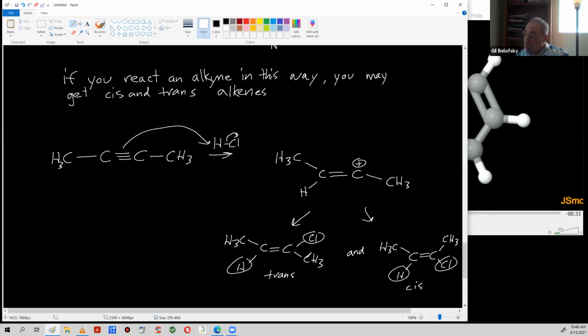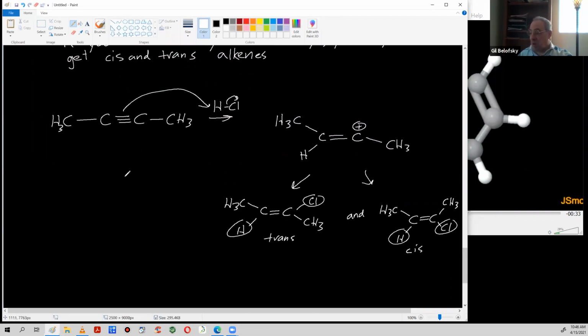So the two methyls are trans to each other. The chlorine and the hydrogen are trans. Here, the two methyls are cis. The chlorine and the hydrogen are cis. You have to do a little more explaining when there's more than one pair of things that can be cis and trans. There's actually another way to describe that, but we won't go into that.